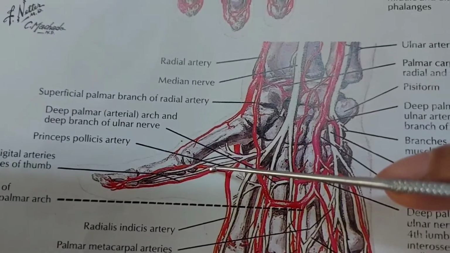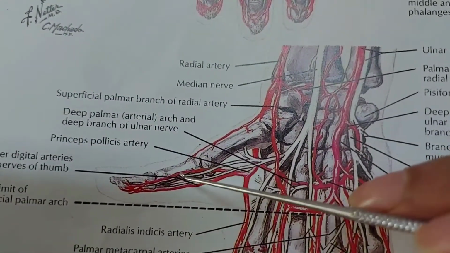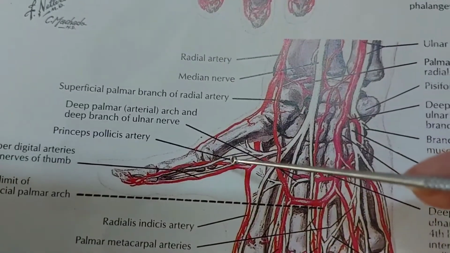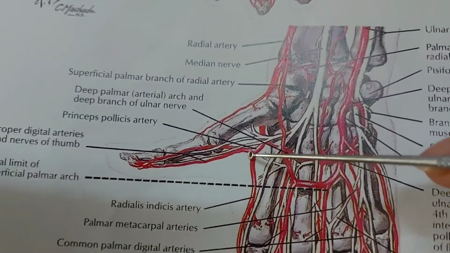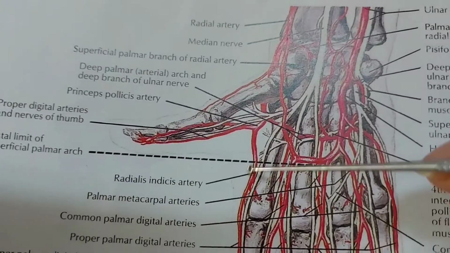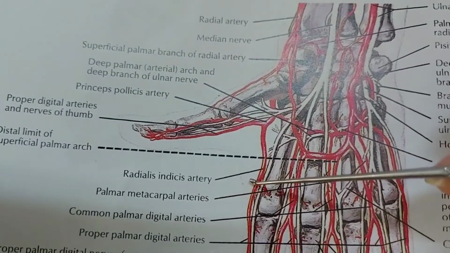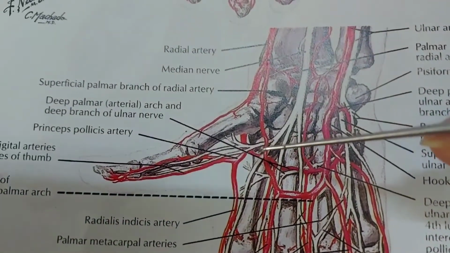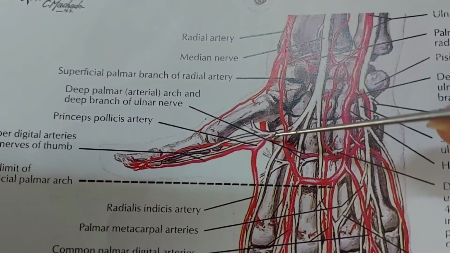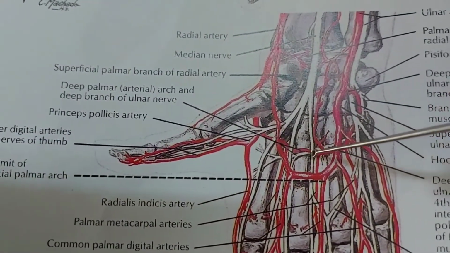This is the princeps pollicis artery, which supplies the pollex or the thumb of the hand. Then it sends a branch to the index finger, the radialis indicis artery, and here it sends the deep palmar artery, the deep palmar arch.